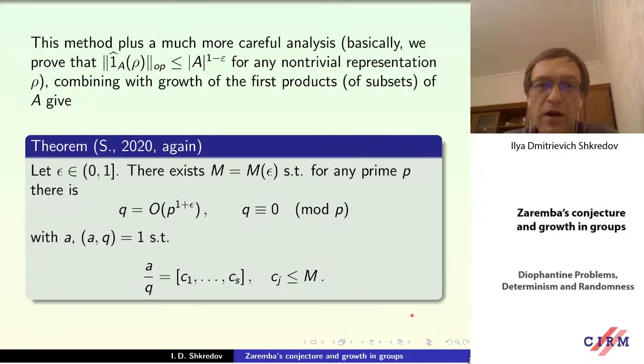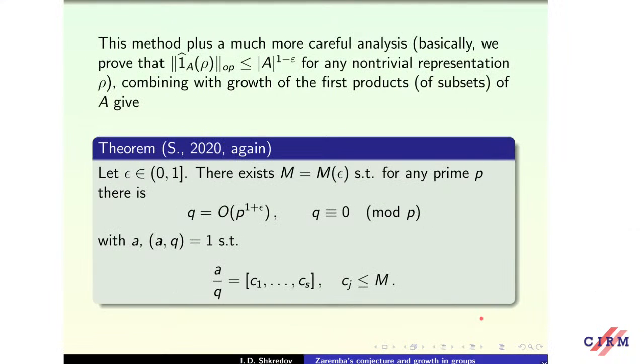As for this result with epsilon, we need a much more careful analysis of my set A. Actually, in the terms of analytical number theory, I calculated all exponential sums, all representations of this set A. I proved there is an exponential cancellation here.